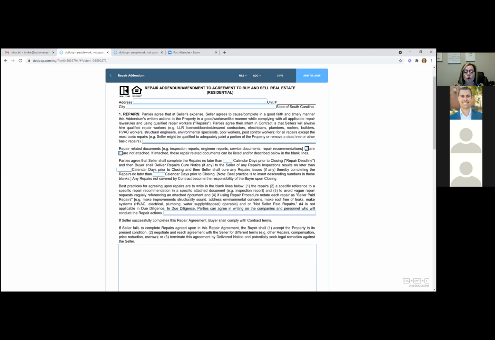Best practices for agreeing upon repairs are to write in the blank lines below. I'm not going to read all this, although it says seller paid repairs is not applicable in due diligence. In due diligence, parties can agree in writing on the companies and personnel who can conduct the repair actions.